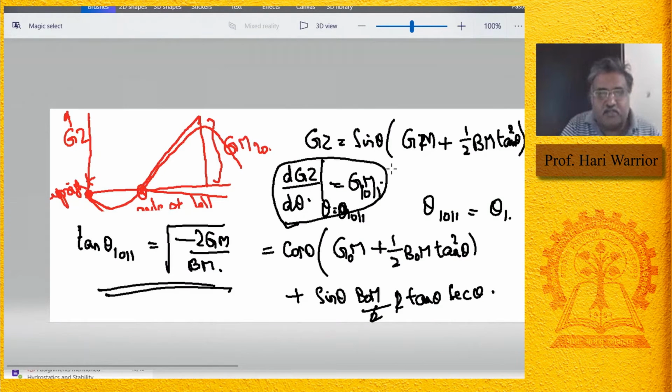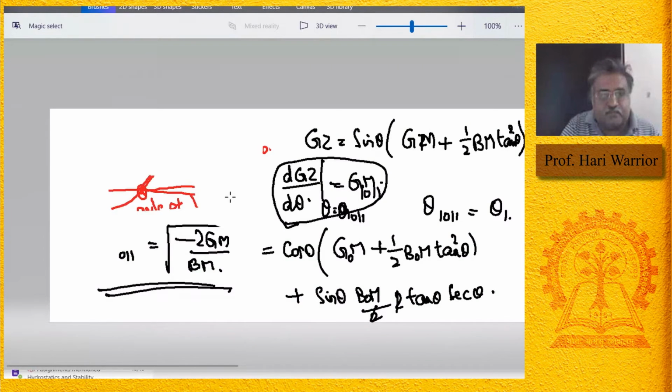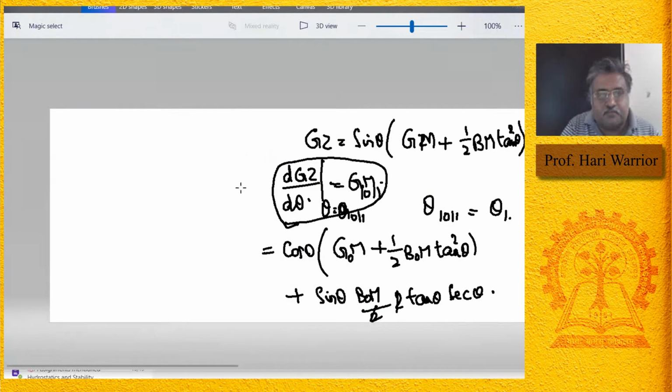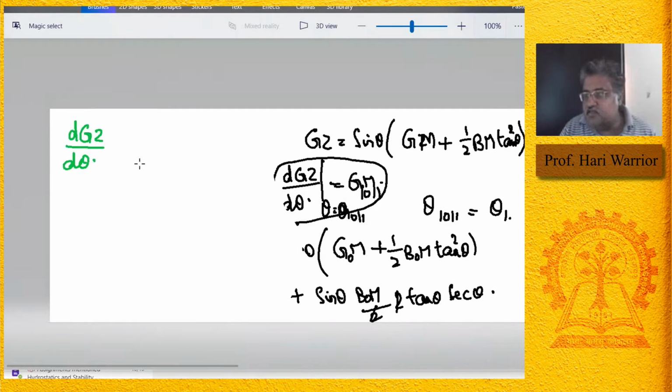So we want dGz by d theta at theta equals theta 1.